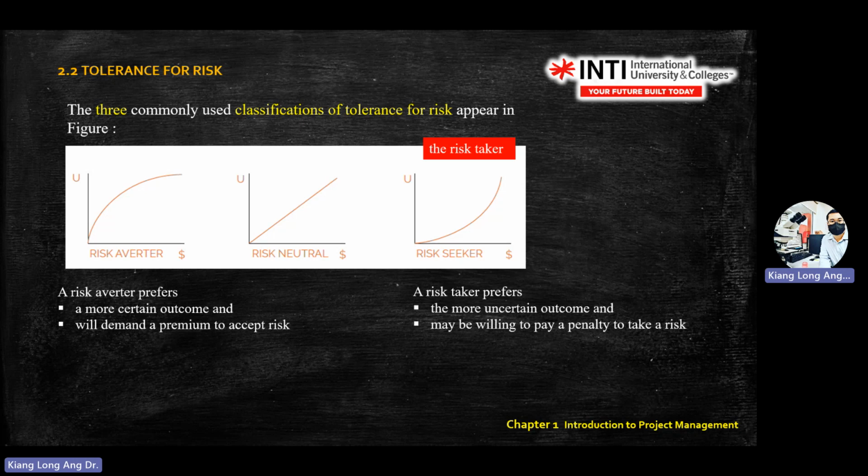Some customers hire this kind of project manager because they can save a lot of meetings and so on. Most of the time, they are more experienced project managers. Then they're willing to pay a penalty to take risk. If you fall into risk seeker, this is a profile of tolerance of risk. So the neutral one is between the left and the right.